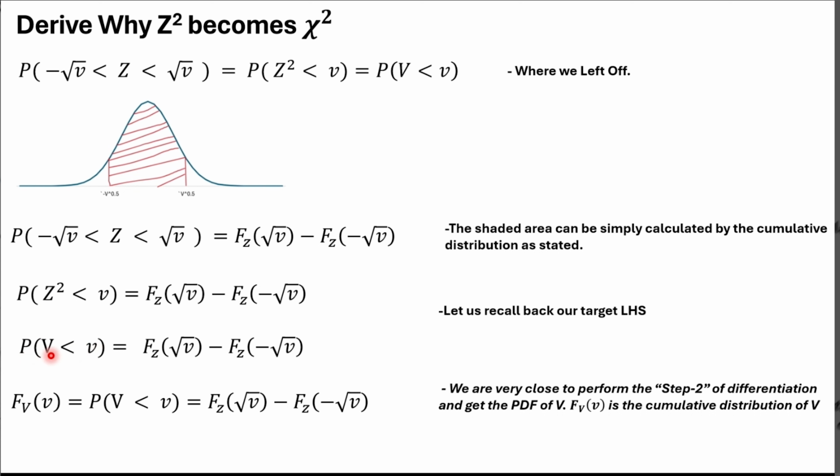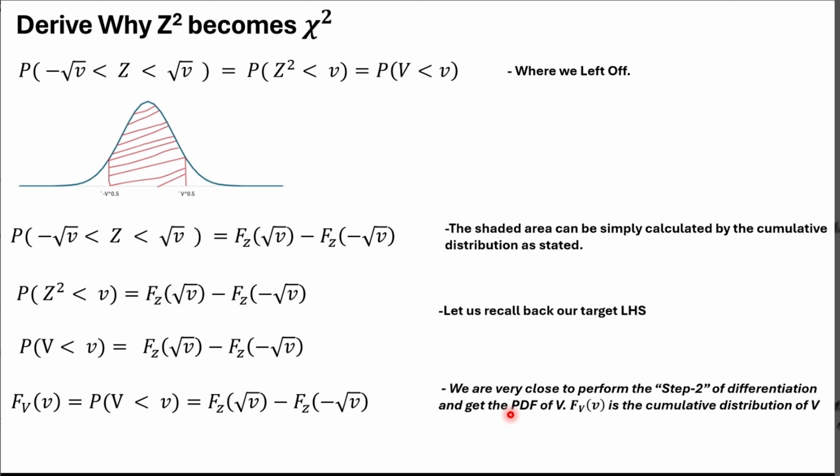And what is this expression which you're looking at? This expression is nothing but the cumulative distribution of V. Note the subscript. It's not Z, it's V. So you have the cumulative distribution of V now connected with some expressions related to the cumulative distribution of Z. So you are just one step away from calculating the cumulative distribution of V.